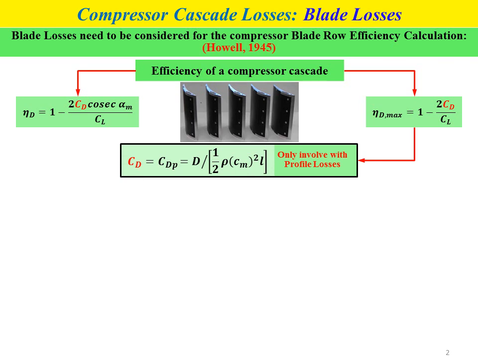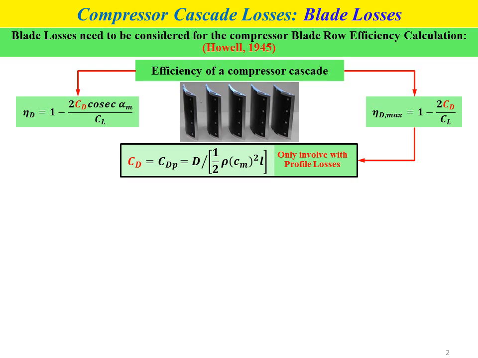In both equations, we have CD terms, where CD can be obtained by using the formula for the profile drag coefficient CDP, equal to D divided by half rho cm square multiplied by chord length.